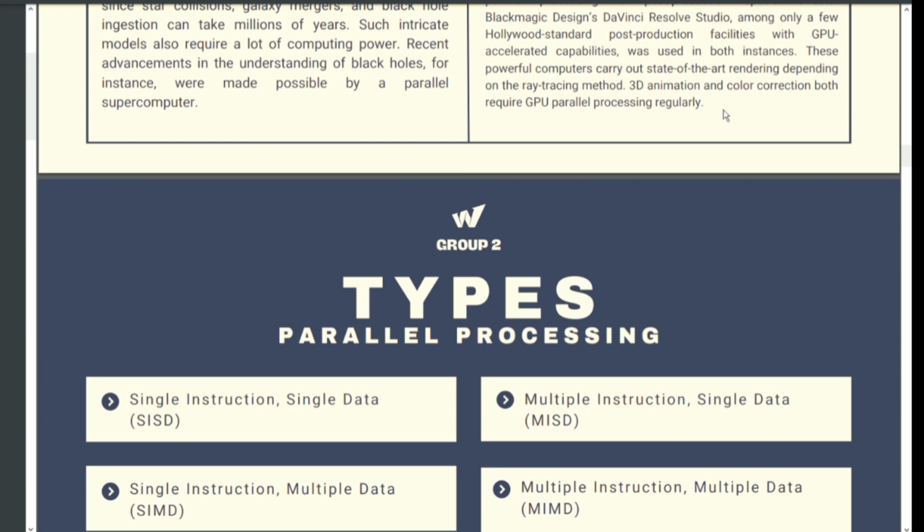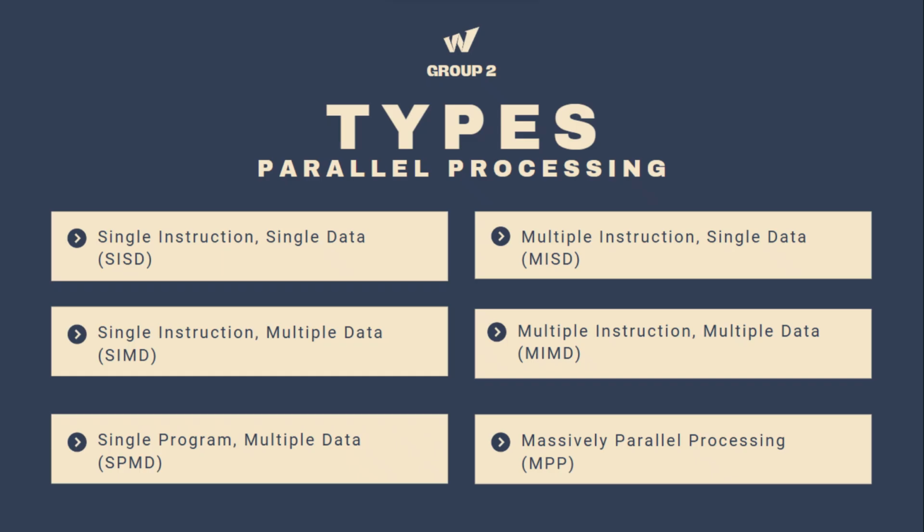So moving on to types of parallel processing. There are 6 types of parallel processing. One is SISD or single instruction, single data. Next one is MISD or multiple instruction, single data.